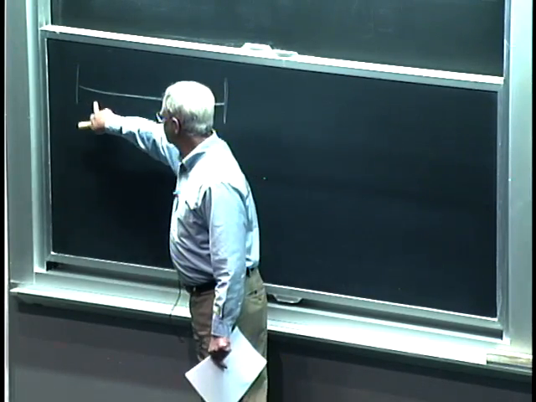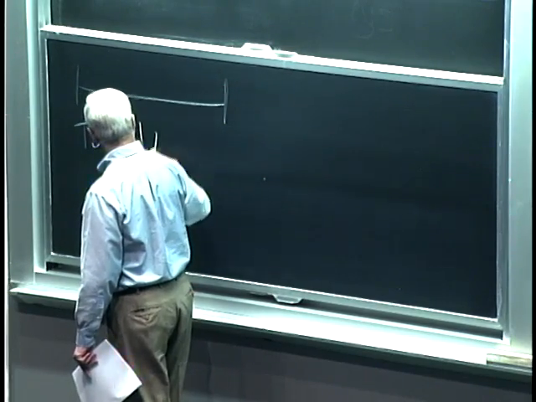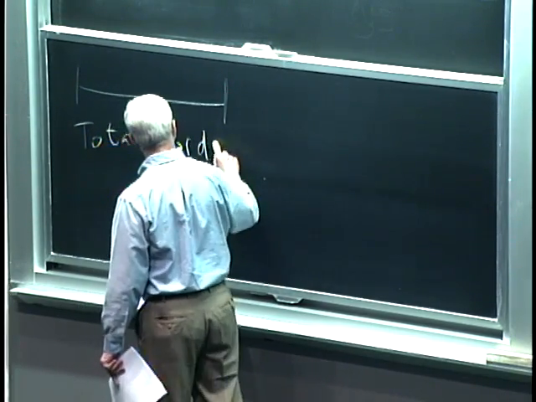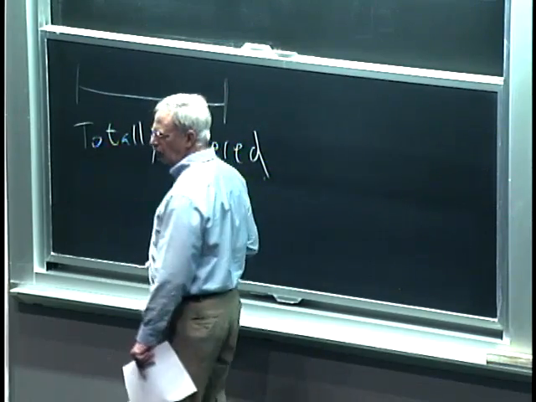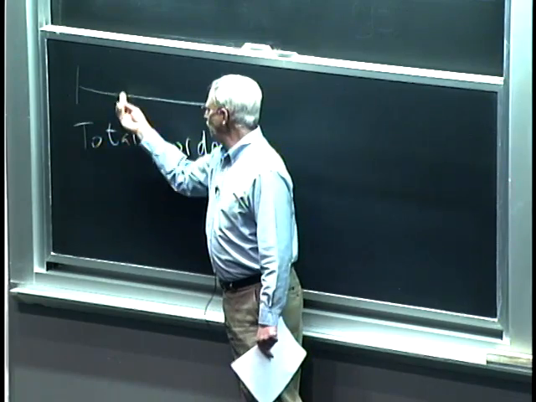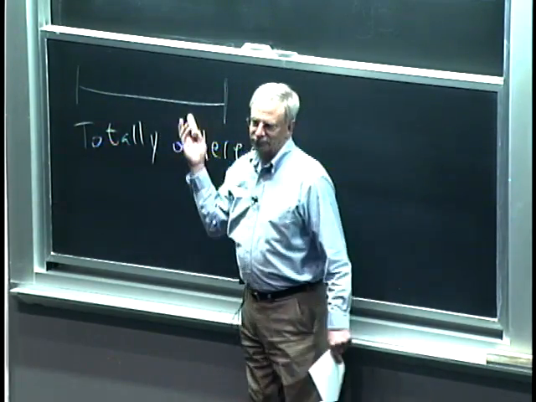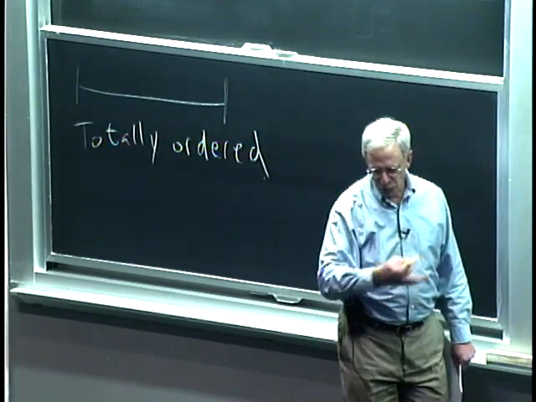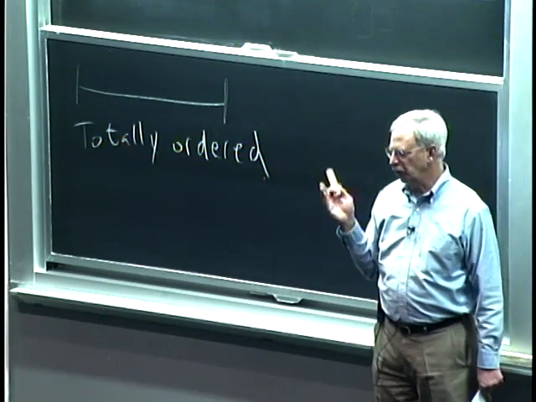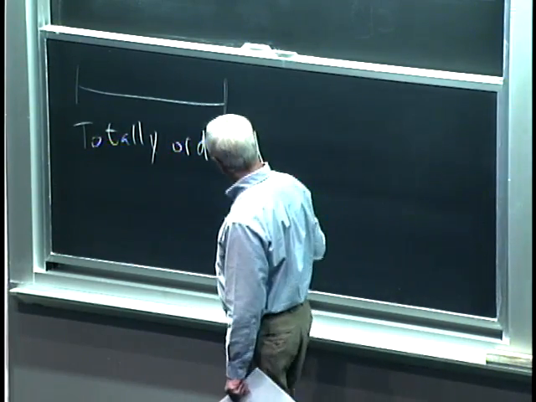The line is totally ordered. What that means is that anything here is smaller than anything to its right. So the integers are totally ordered, the reals are totally ordered, the rationals are totally ordered.